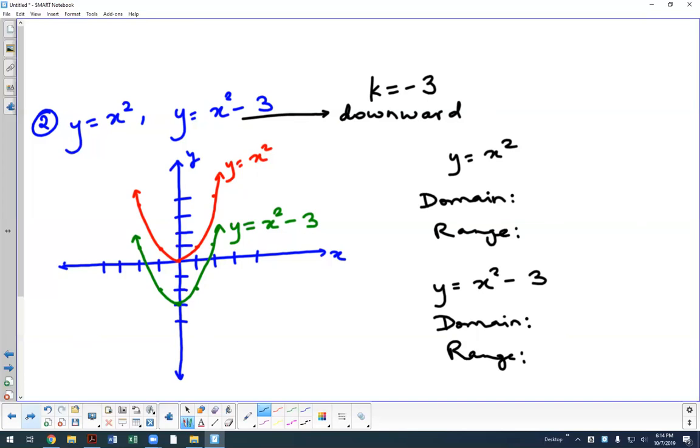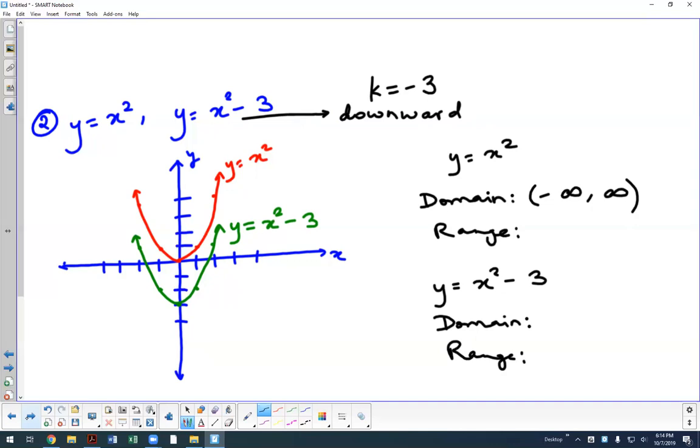So what kind of domain does the x squared function have? Rexy? What's wrong? Come on. Amy? It's negative infinity and positive infinity. Yeah, it's again going to be all real numbers because remember, as these graphs are going up, they're also getting wider, which means they're going to cover all of the x values. So it is all real numbers.